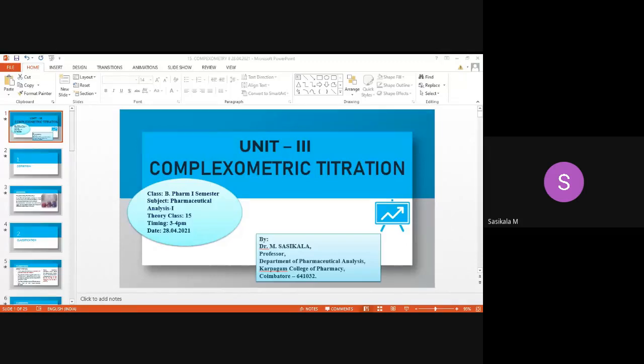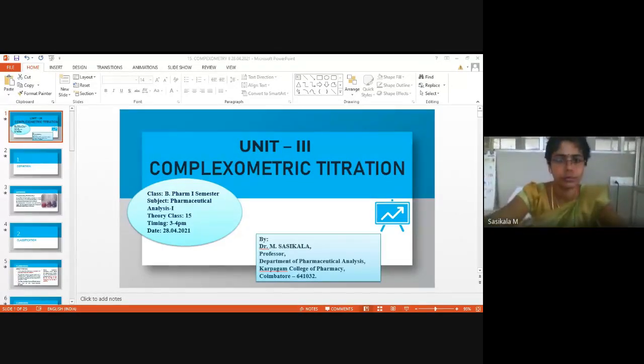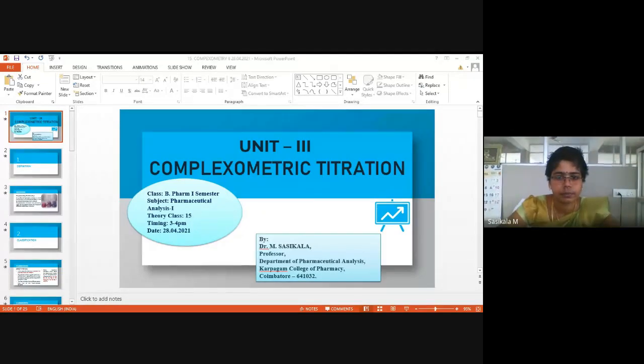What have you seen in the PDF when you went through it? Can anyone say the subtitles you have seen for complexometric titration from the PDF? Yuvasri: complexation.